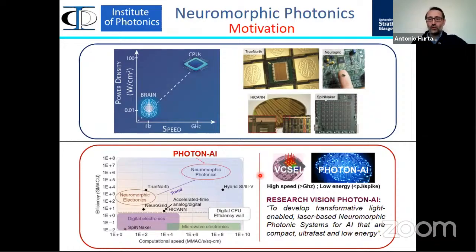When you go to Tesco or supermarkets in Portugal or elsewhere and do the checkout, you're using this technology, and in many different real-world, everyday systems. So our research vision is to develop transformative light-enabled, laser-based neuromorphic photonic systems for artificial intelligence that are compact, ultra-fast, and low energy. This is where we believe our contribution can be meaningful.